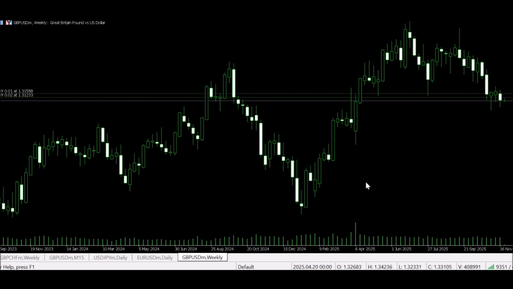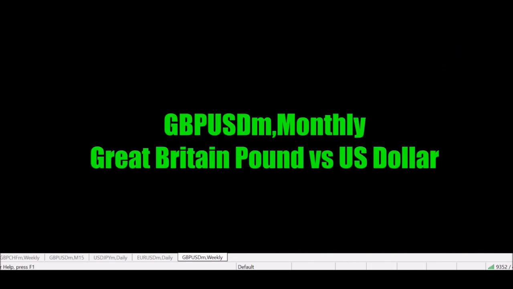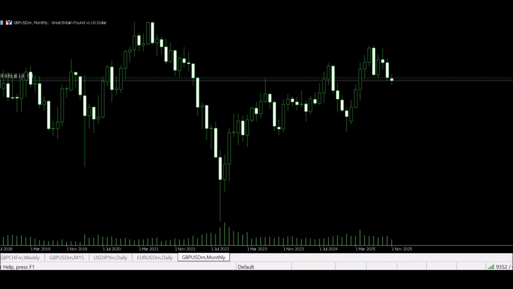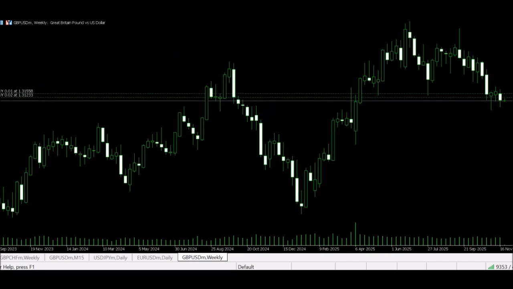On the weekly, as you can see here, starting from here, it is showing that the market is buying. On the monthly also, it is showing that the market bought and then it sold heavily, and then it's on the buying side now. But for the weekly, we can see that we are having an uptrend.